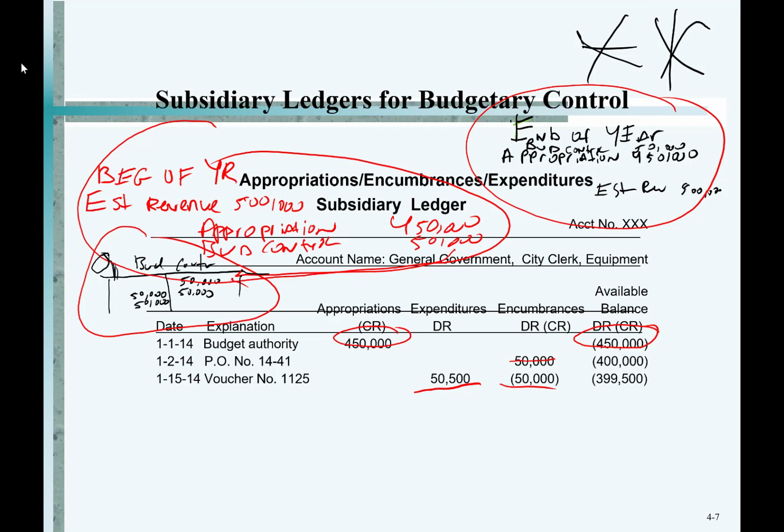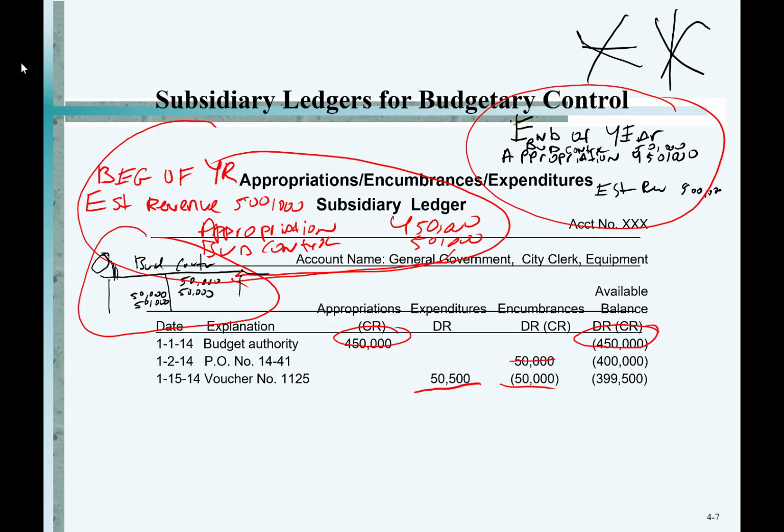Debit budgetary control for 50,000. With me so far? Okay, now that beginning of the year budgetary entry sits there all year, doesn't it? As a placeholder against my orders, my appropriations. The 450,000 credit sits there all year. The debit to estimated revenue sits there all year as a placeholder against my actuals, don't they?